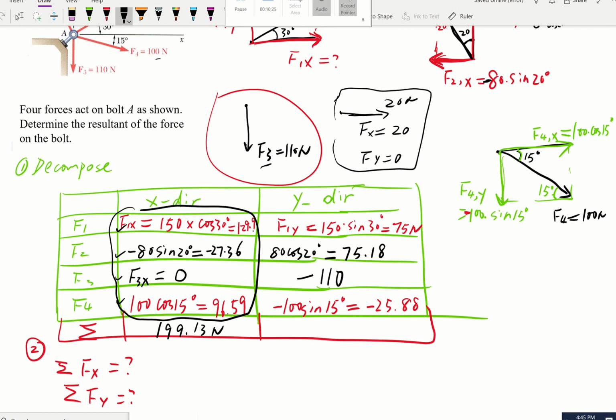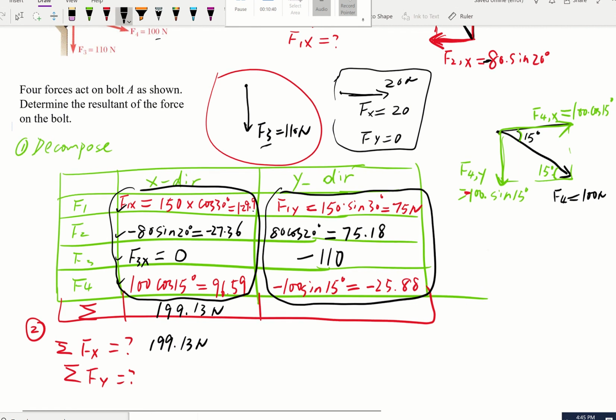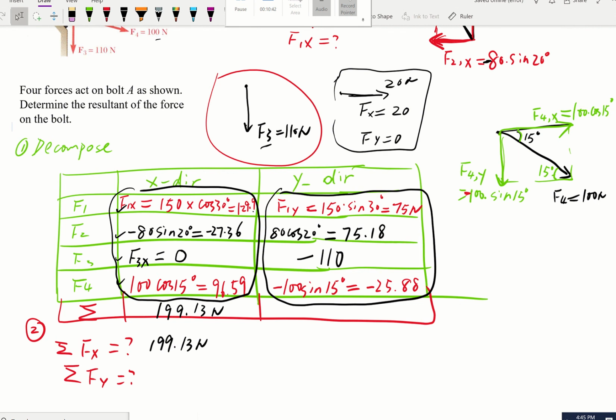Okay, so we have the summation of forces in the x direction. Then we're going to do the same thing for the summation of forces in the y direction. All of those here together. So when we add all those together, let's see, 75 plus 75.18, then minus 110, basically plus negative 110, then minus 25.88.